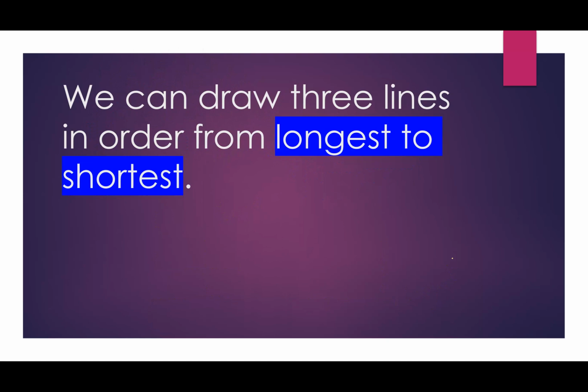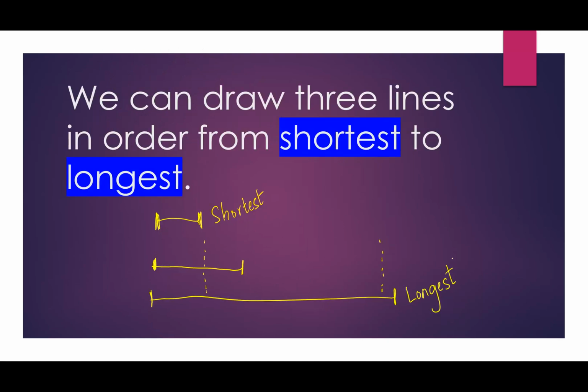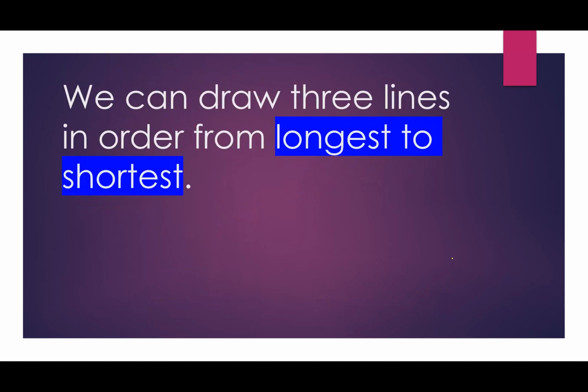Now we can draw three lines in order from longest to shortest. In the previous one, we did from short to long. Now here we will do from longest to shortest. So let's draw the longest line. This is the longest line. And let me draw the shortest line.